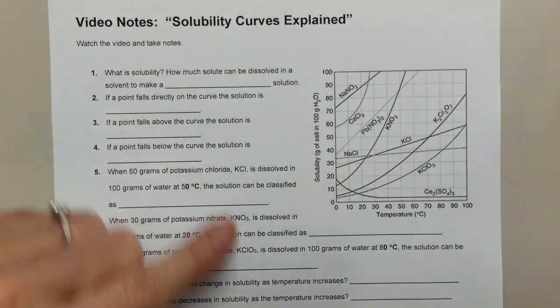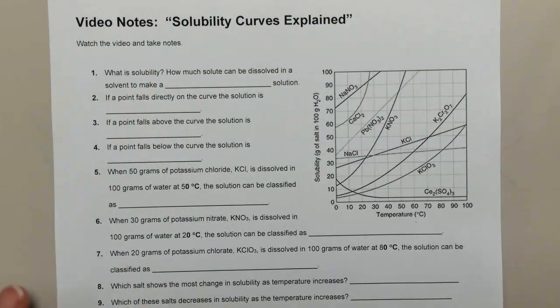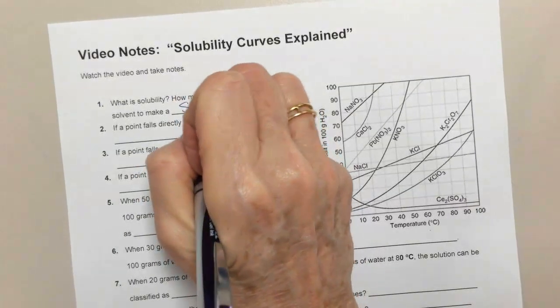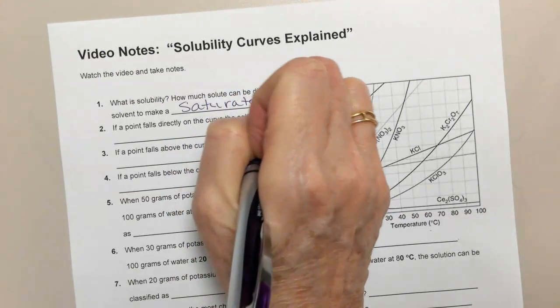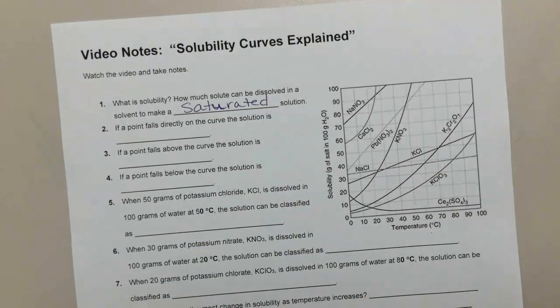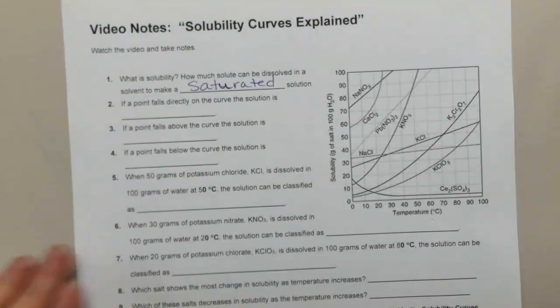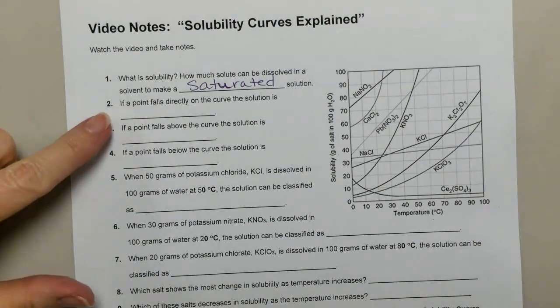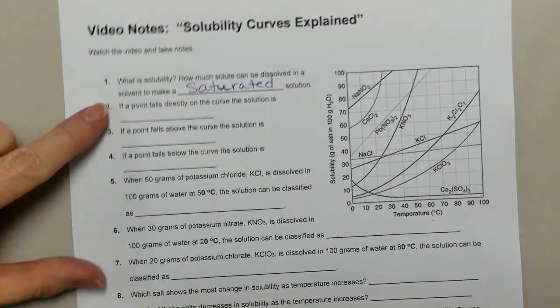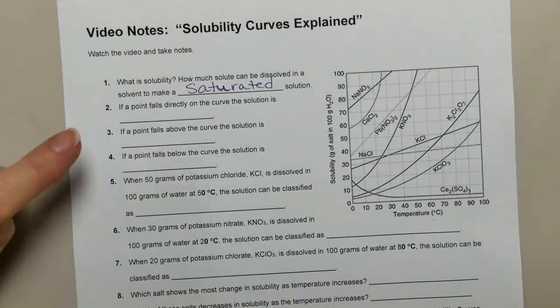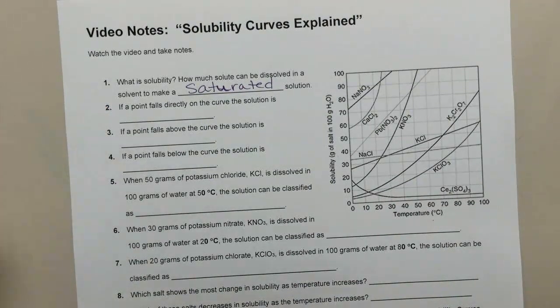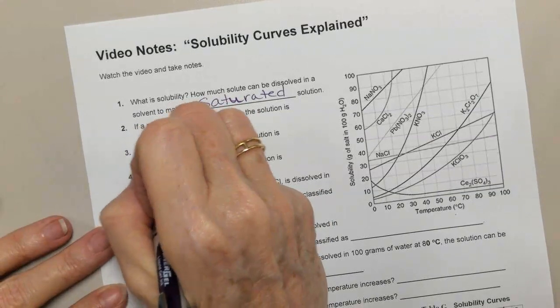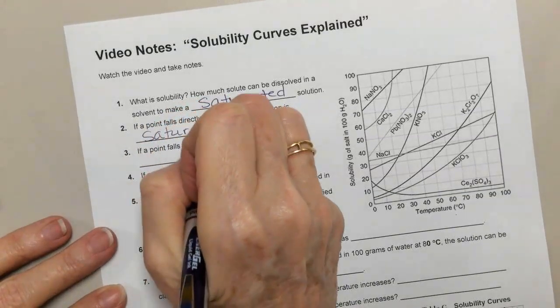How much of a solute can be dissolved in a solvent to make a saturated solution. Okay, so what does that mean? That means if you plot your point on your curve and the point falls directly on the curve, that's called a saturated solution.